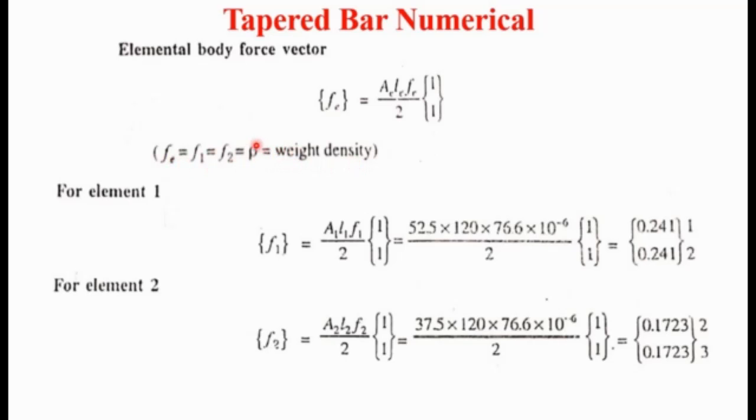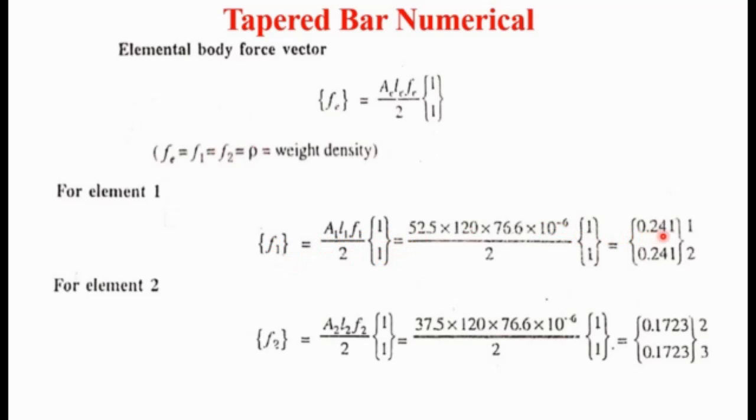This F1 and F2 is equal to rho, the weight density. Therefore for the first element, the force vector small f1 is equal to A1 L1 into F1 divided by 2, into 1, 1. So by putting all these values we will get this vector.